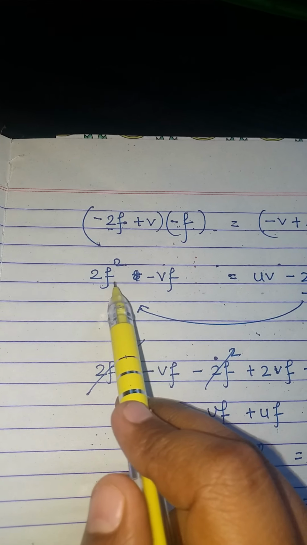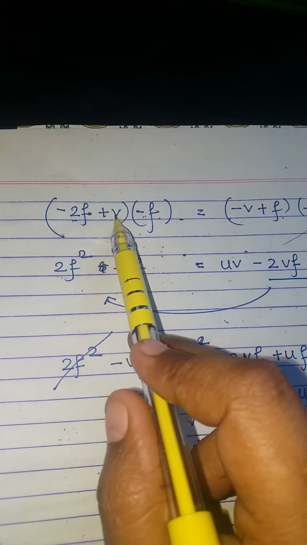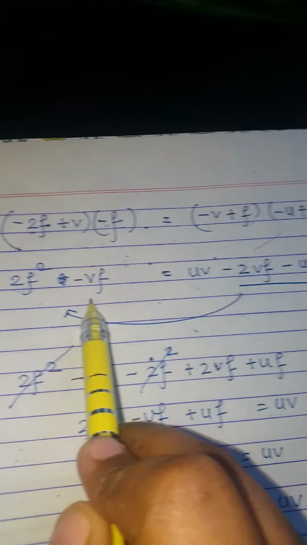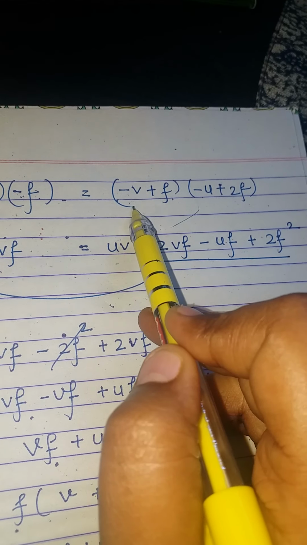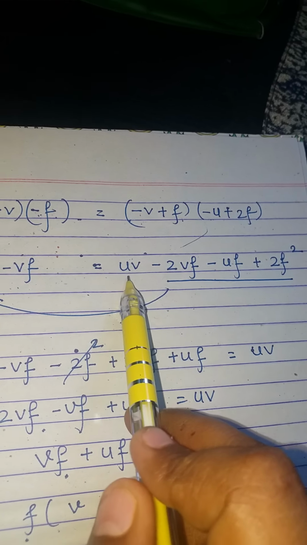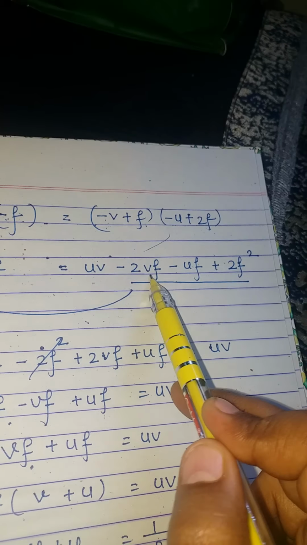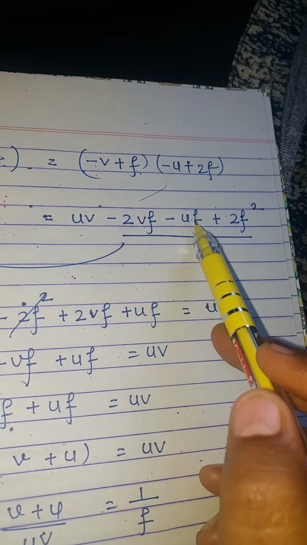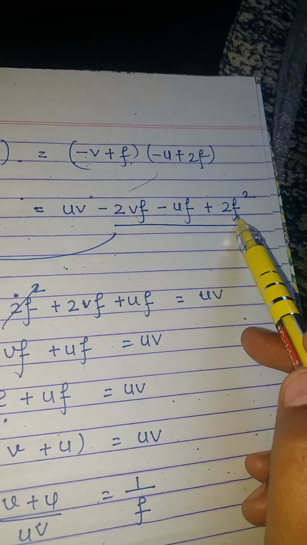So here it is 2f square plus v into minus f is equal to minus vf is equal to, first I will take this term. So minus v into minus u is equal to uv, and minus v into 2f is equal to minus 2vf. f into u is equal to minus uf, and f into 2f is equal to plus 2f square.